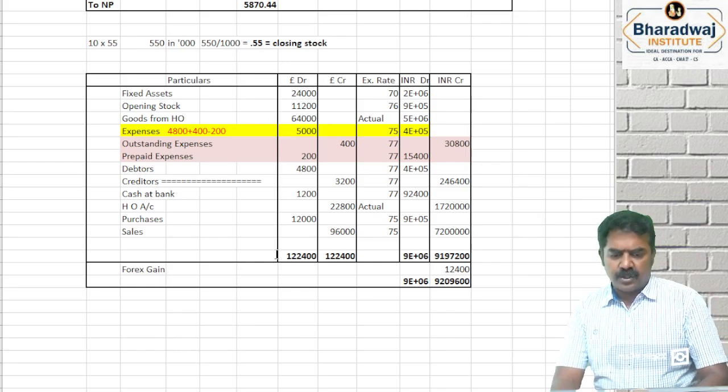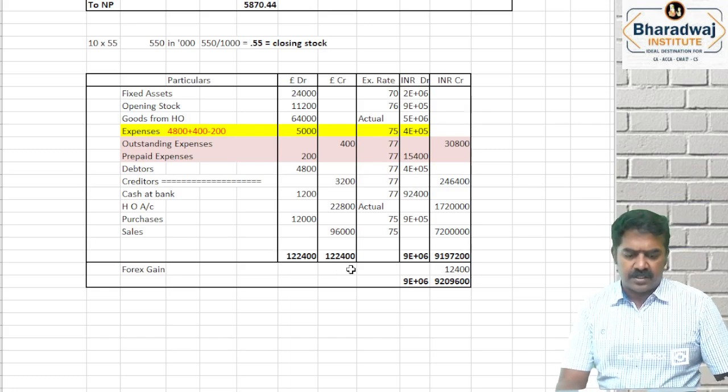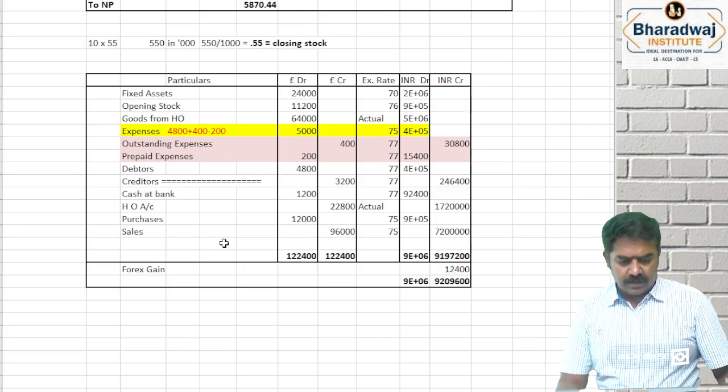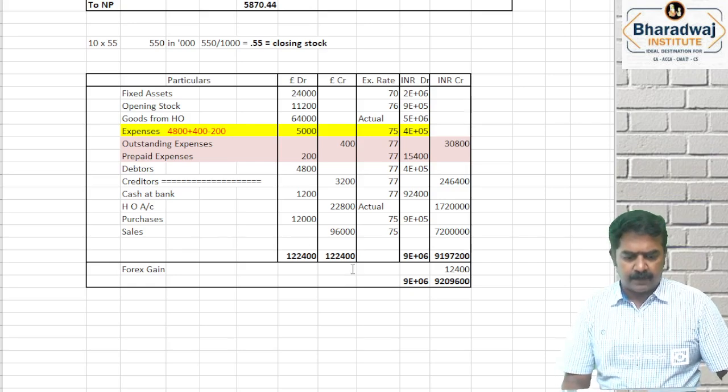Then add, what is the invoice price of goods sent? What is given? Cost is given. How much cost is given? Look at it, is it cost or invoice price? Cost. So 14,85,000 into how much percentage? 120%. Or you can say plus 20%.